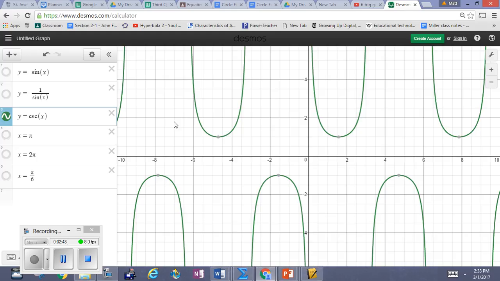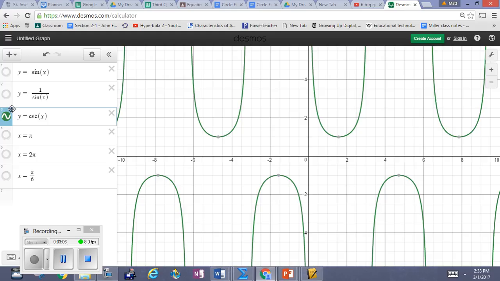So the range of the cosecant is everything but the range of the sine, as you can see right here.